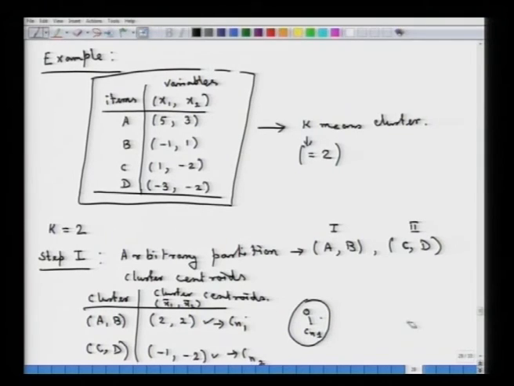These two clusters may not be so different. There are cases C and D sitting here. So, we will find the distance between A and this cluster center, and A and the other cluster center, and try to see whether A is closer to this cluster center than to the other, and then look at possible reassignment. That goes into the second step of this algorithm.